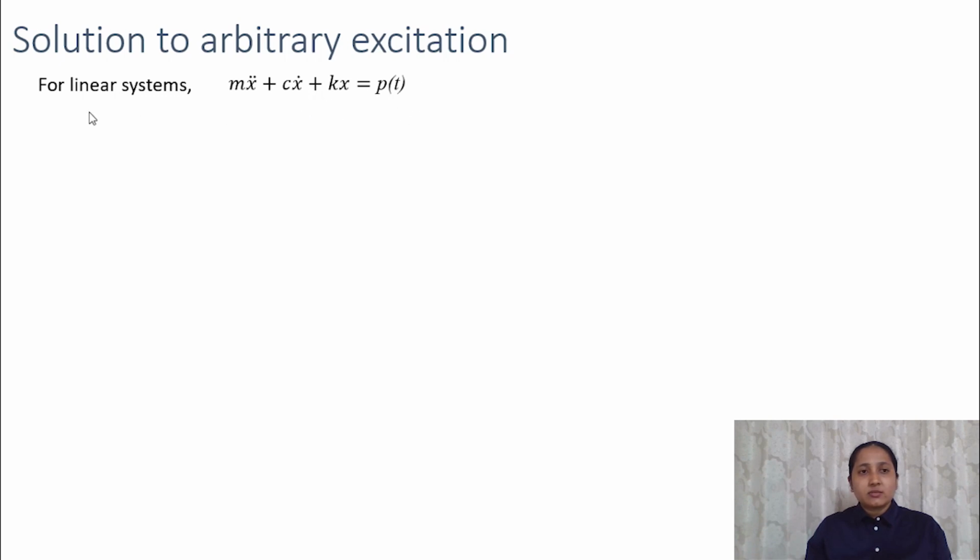If the system is non-linear, then the spring force term will also be non-linear. Here the force P(t) is varying with time arbitrarily. This is only an example of an arbitrarily varying force. This variation could be anything.